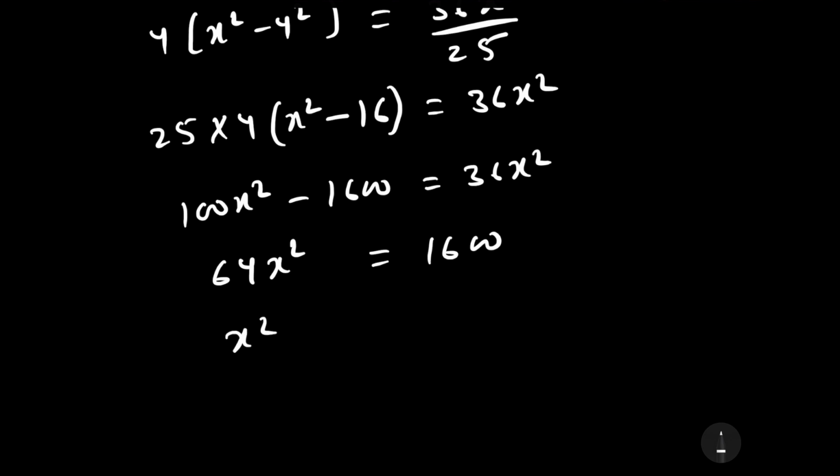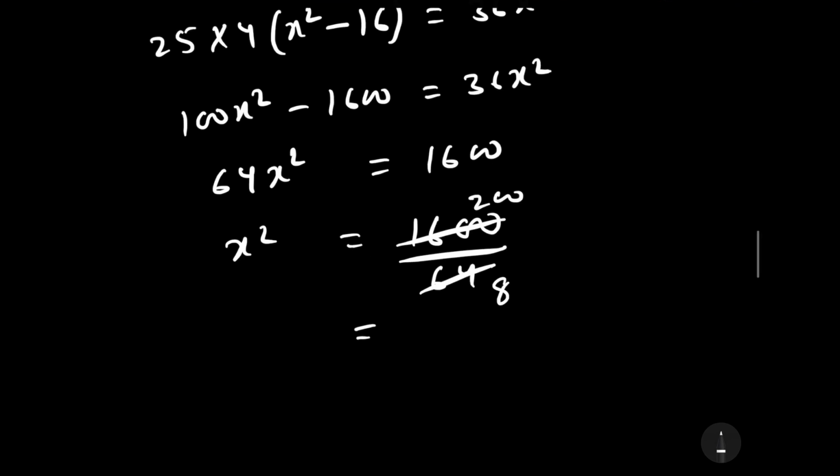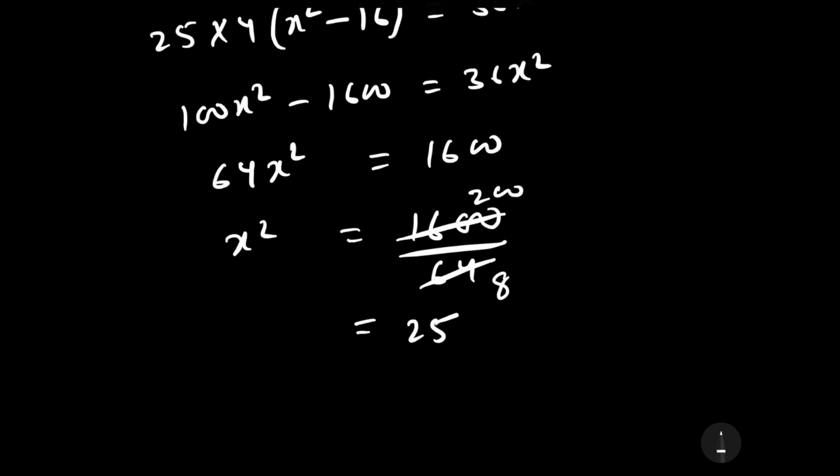Now x square can be written as 1600 divided by 64, cancelling it with the 8, this will be 8 and this will be equal to 200, and further if we cancel it, then this will be equal to 25. x square is equal to 25 and x is equal to plus minus 5.